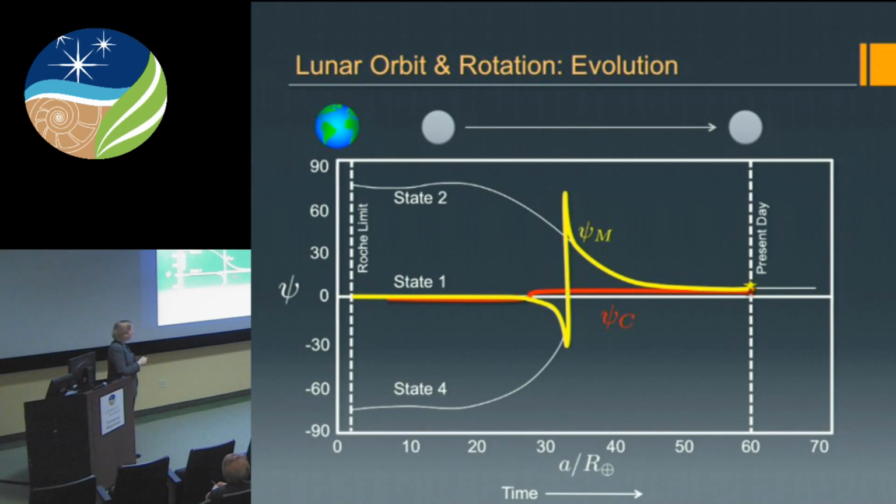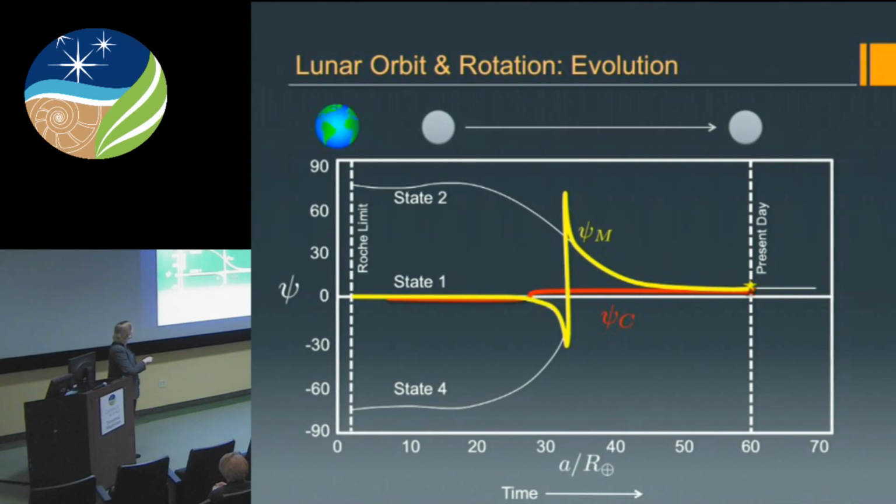All right, so if we were to plot that on this type of diagram again, where yellow was the mantle's obliquity or spin axis angle, then the core would have stayed close to 0. It would have been coupled early on. I should have mentioned that earlier in time the precessional timescales and the rotational timescales would have been such that they would be coupled, but then they would become decoupled roughly around here.